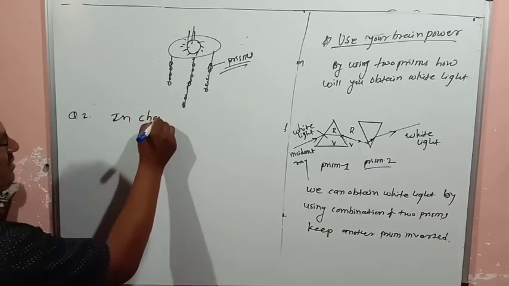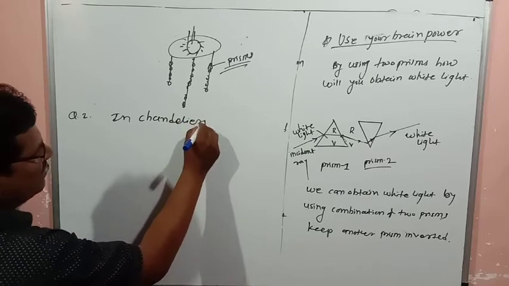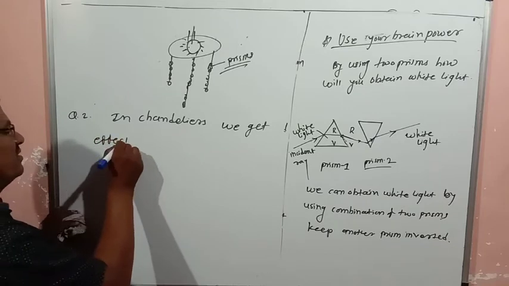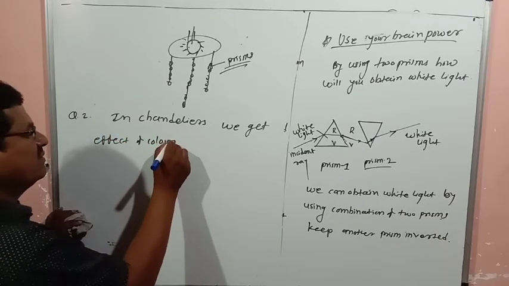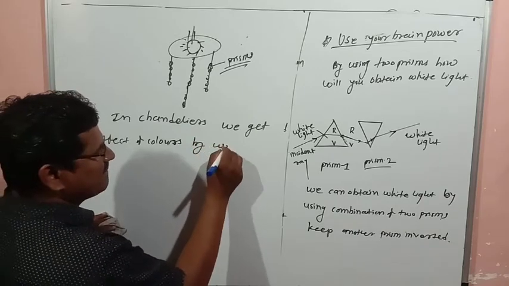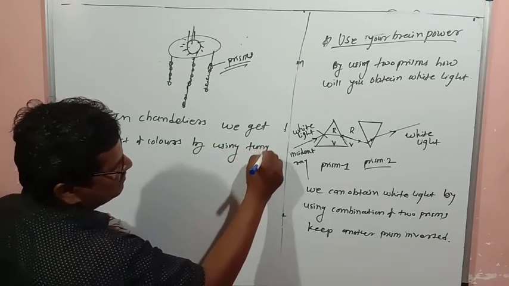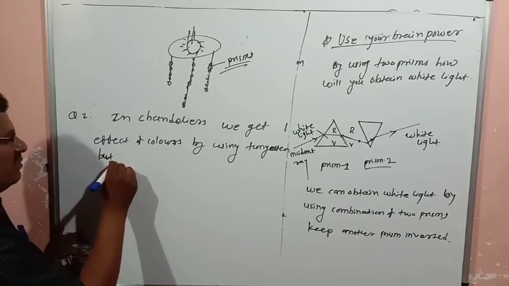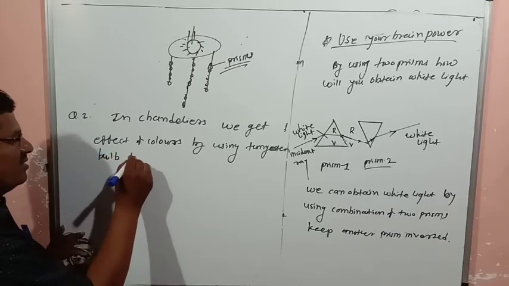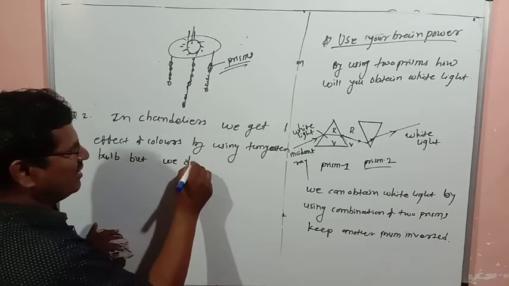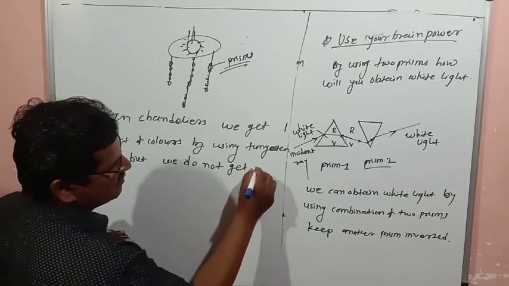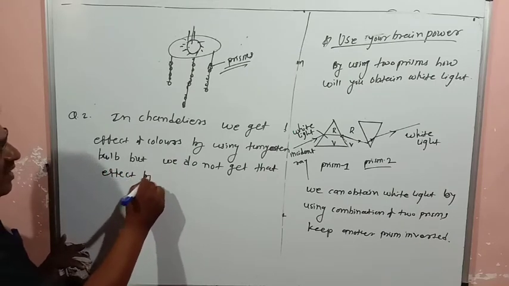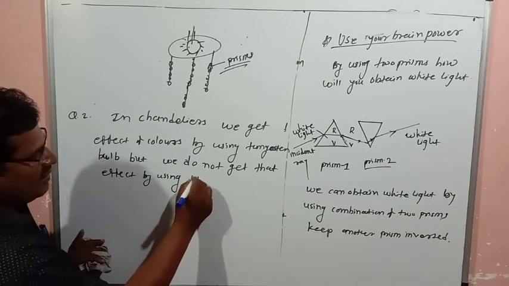In chandeliers, we get the effect of colors by using tungsten bulb, but we do not get that effect by using LED bulb.